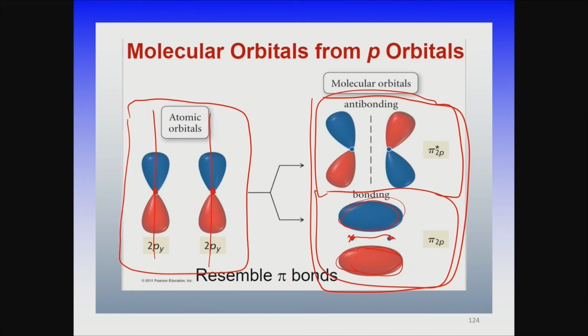Now let's take a look at the antibonding orbital here. When you merge these two p orbitals that are oriented on the y-axis, not only can they constructively interfere to form the bonding orbital, but they can destructively interfere to form the antibonding orbital. So imagine these red areas here in the atomic orbitals and these blue areas here being brought together. You're merging them together, and now when they merge together, they will destructively interfere.